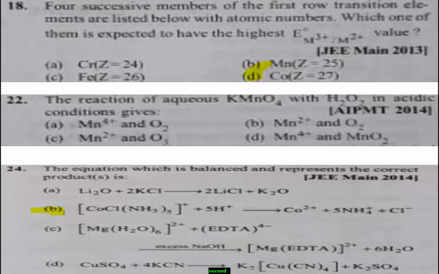Hence, an aqueous solution of KMnO4 with H2O2 yields Mn2+ and O2 in acidic condition. Right. Therefore, the correct answer for this question is option B. Okay, move to the next question.